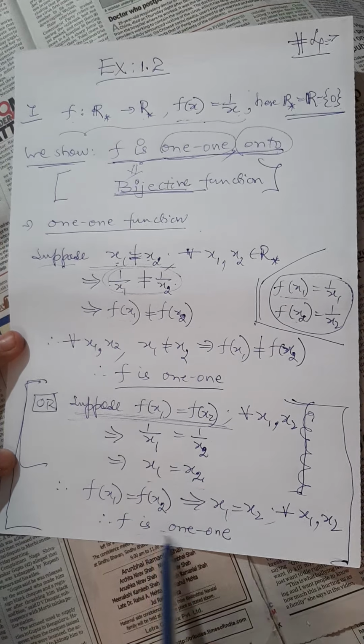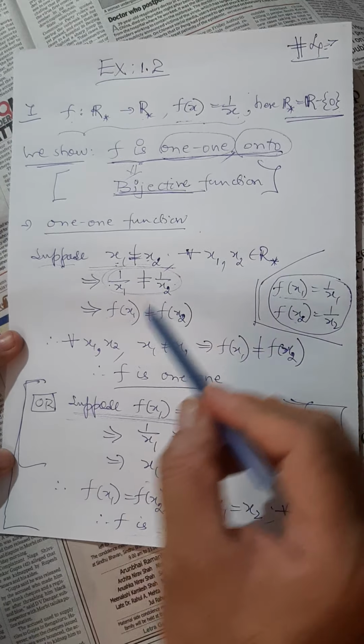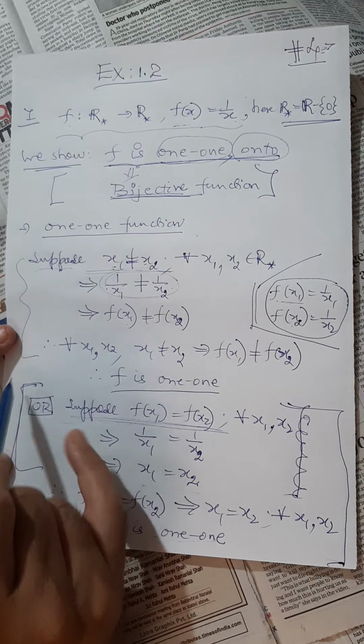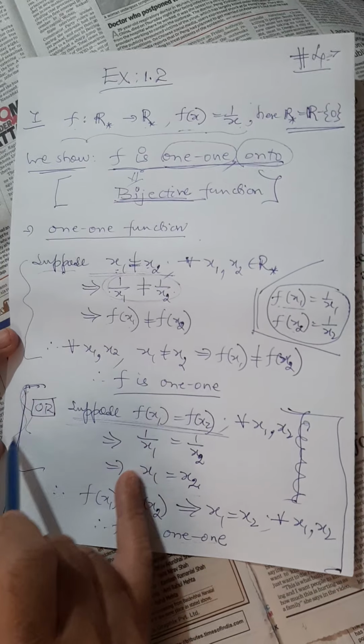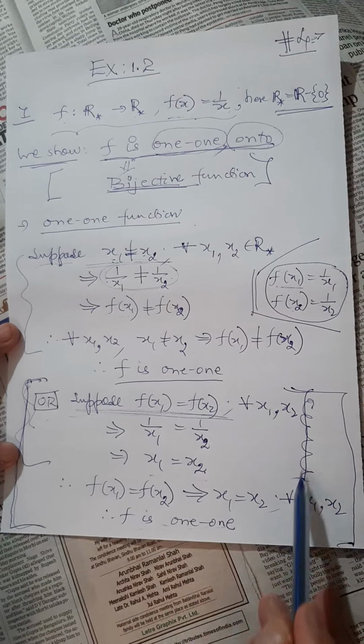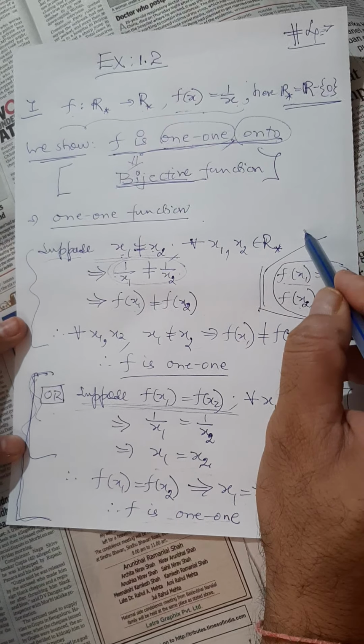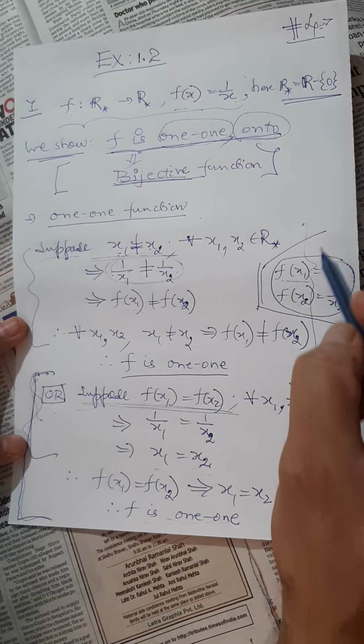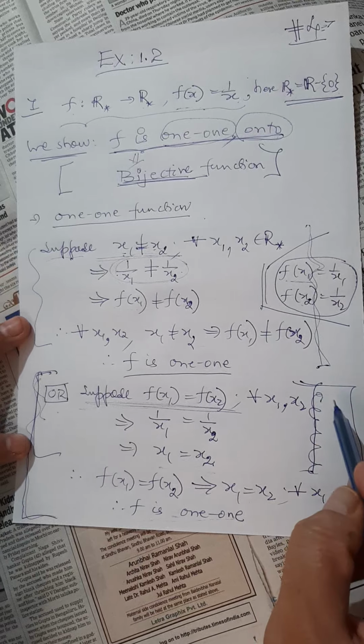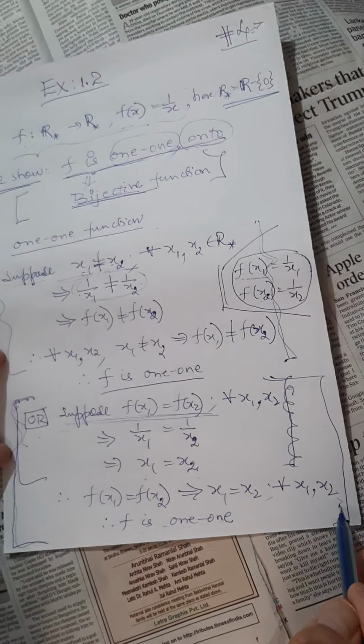So in that case also f is 1-1. Use either one of these two, not both. Remember, this was the first example, that's why I've shown both. But it's not necessary. Use whichever you feel is easier. In some examples you can use this if you feel it is easier, or you can use that. Choice is yours.